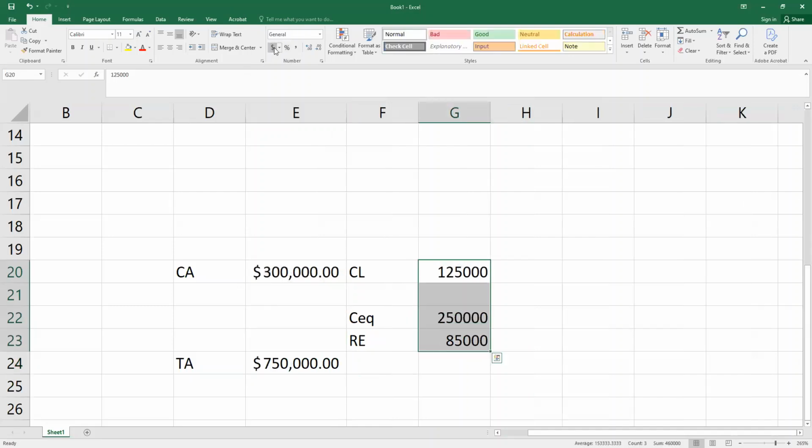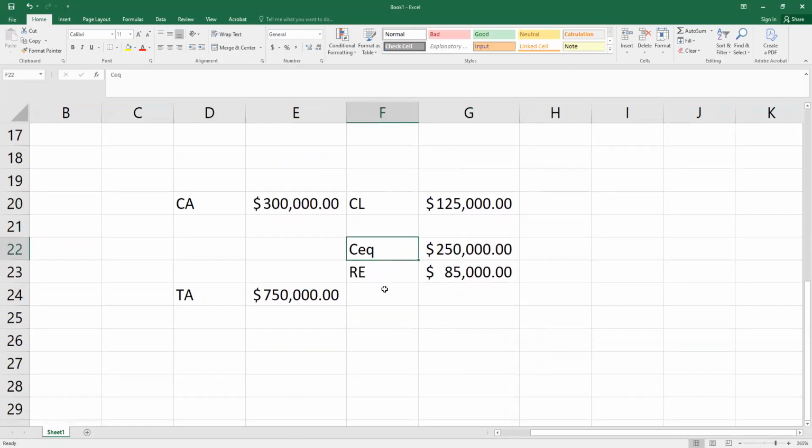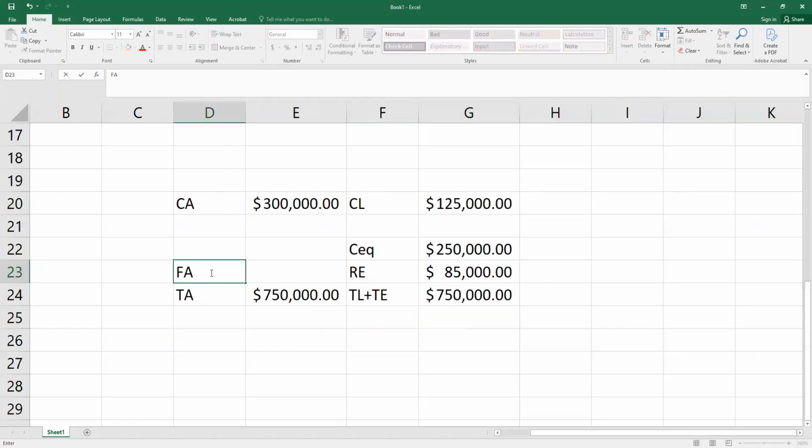These are the values that I have now, and my total liabilities plus total equity is the same as total assets. That's sure. And I need to find the fixed assets, and I need to find the long-term debt.